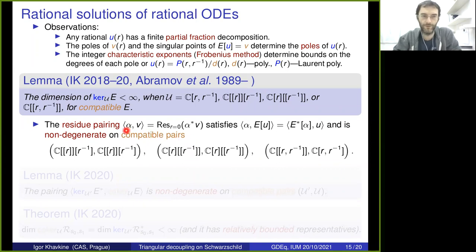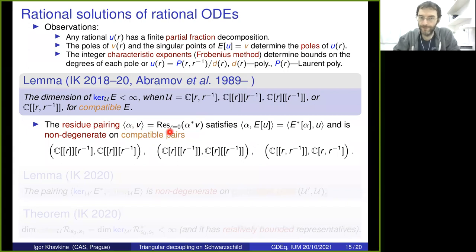My idea was to consider the residue pairing between Laurent series. The residue pairing takes the product of the two arguments and takes the coefficient of the r to the -1 term, which, if the series converges, coincides with the usual residue definition using a contour integral.